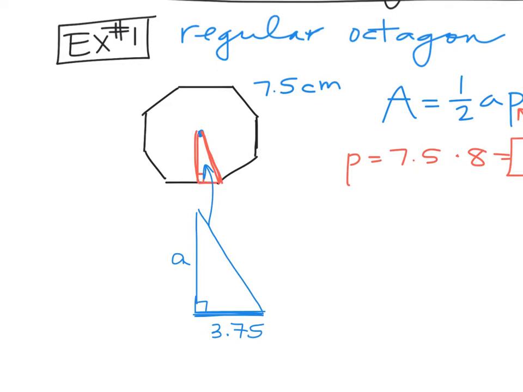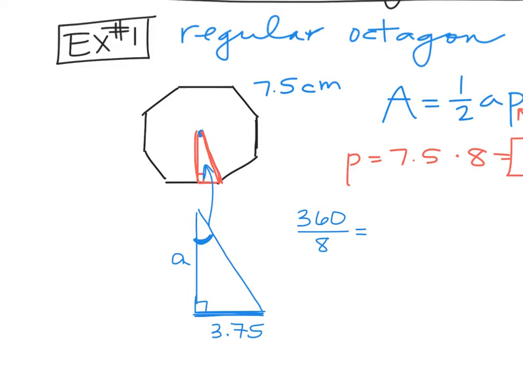Okay. How do I find that angle? 360 divided by what? Divided by 8. Okay.